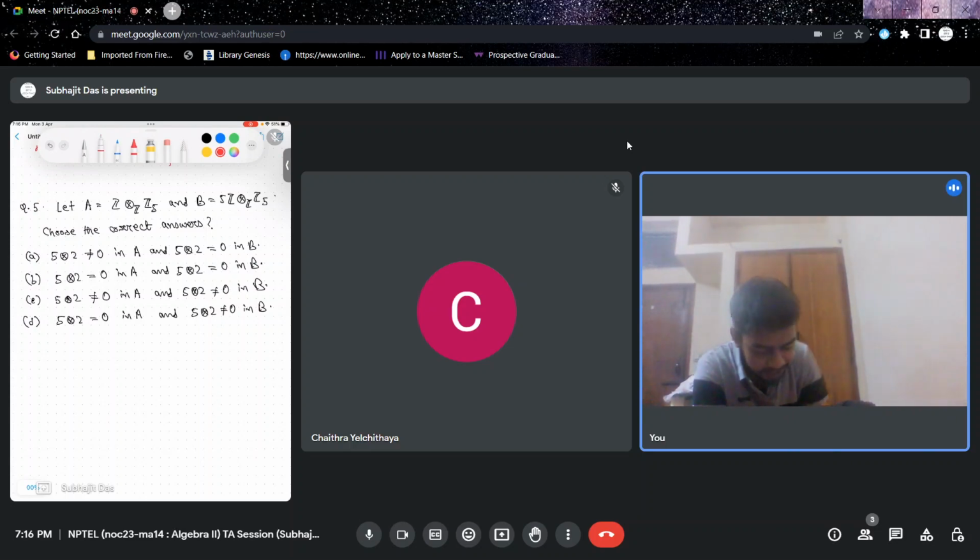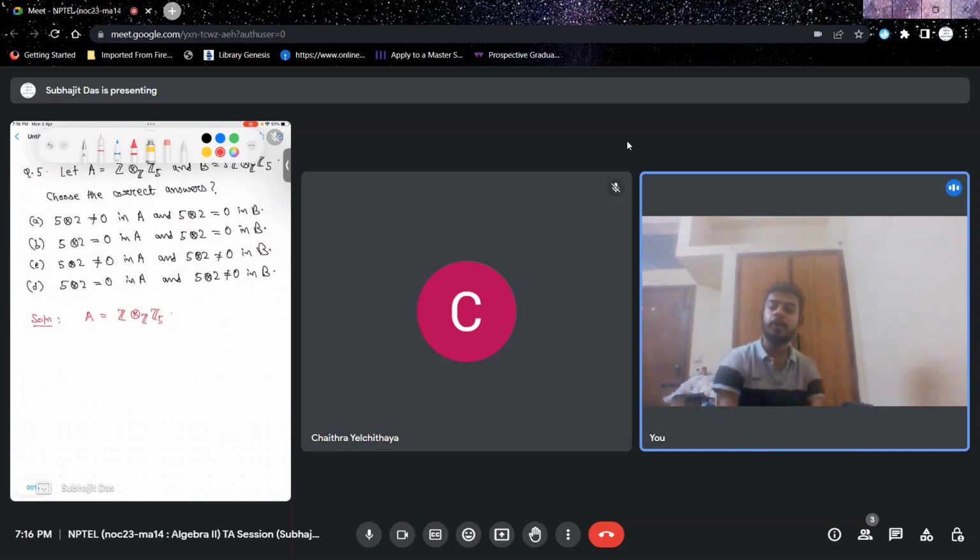If you consider the module A, A is Z tensored over Z with Z5, right? To show that a module is 0, it is enough to show that every generator is 0. The tensor product is generated by all x tensored with y, every element is a sum of elementary tensors. So it is enough to show that the elementary tensors are 0.